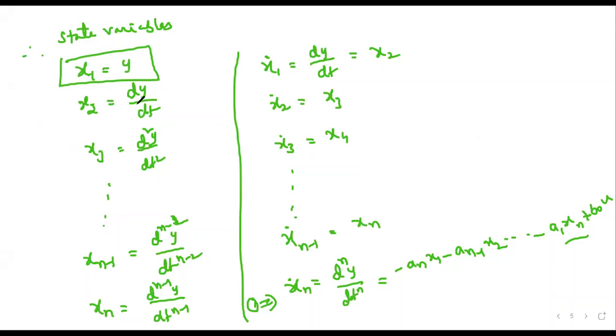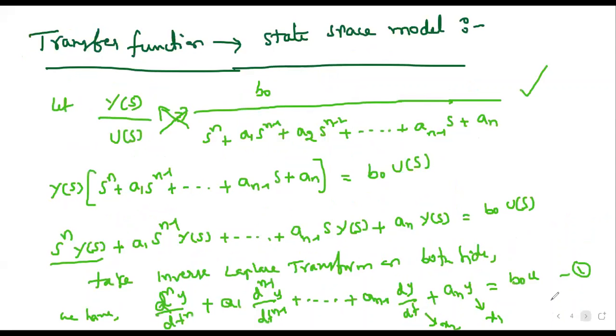The x2 variable is nothing but dy by dt. That means x2 is equal to simply x1 dot. That's it. So how to get x2? This is x1 dot, that is nothing but x2.